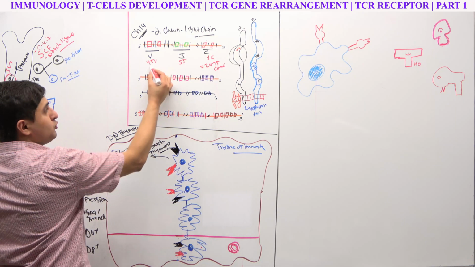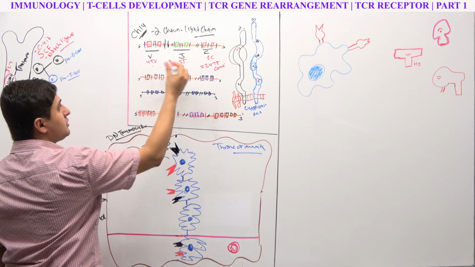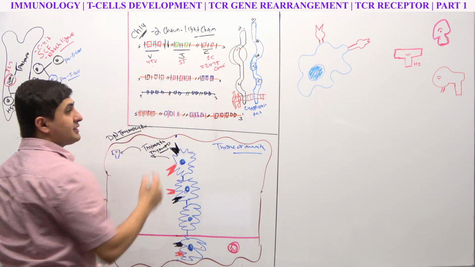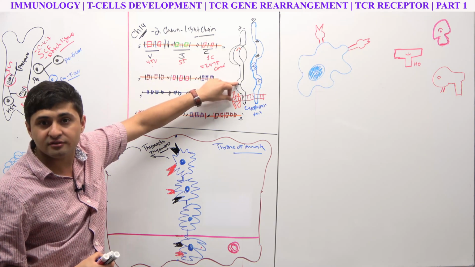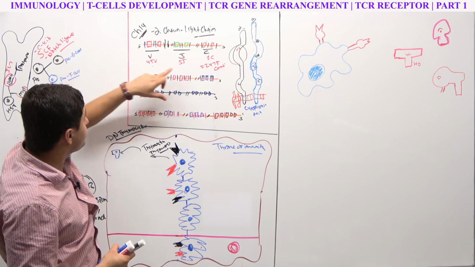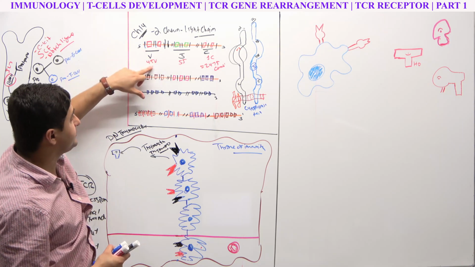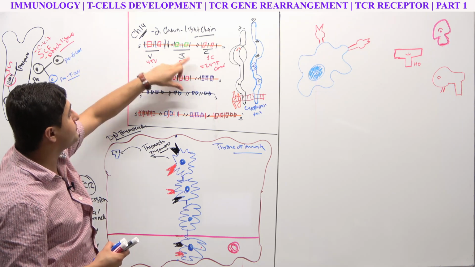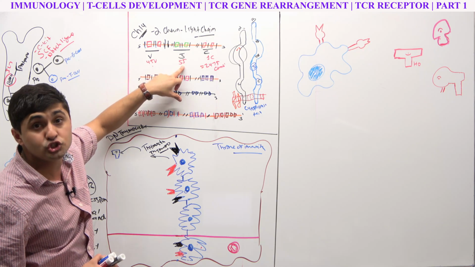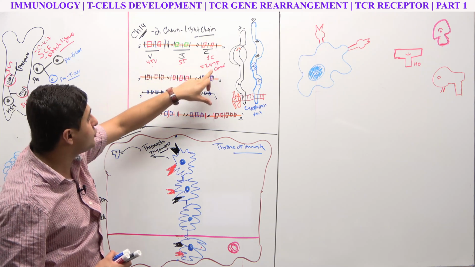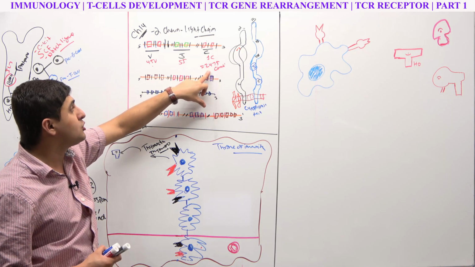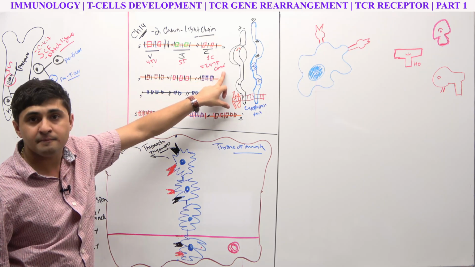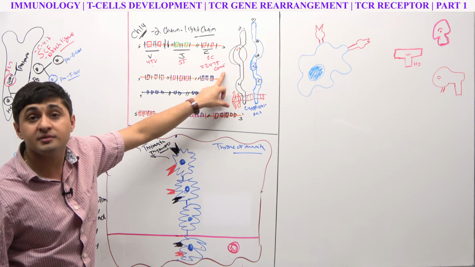Because remember, whenever you pick one here, you pick one there, and one there. That's how you make one alpha chain, one light chain. If you're making 45 of them, multiplied by 55 joint segments and one constant, you are able to get 2,475 recombinations.